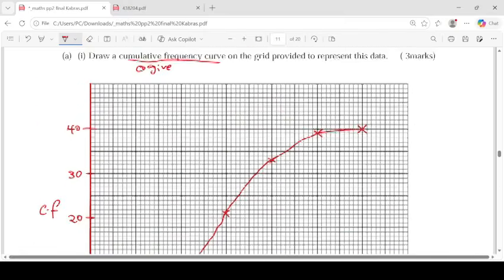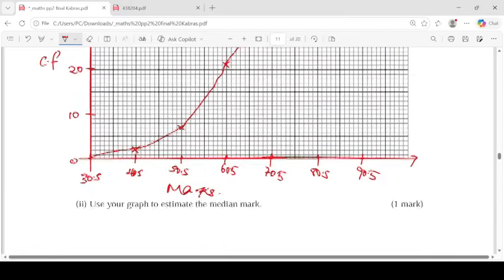Just imagine doing it like that. You have how many marks? 3 marks. Very simple marks.